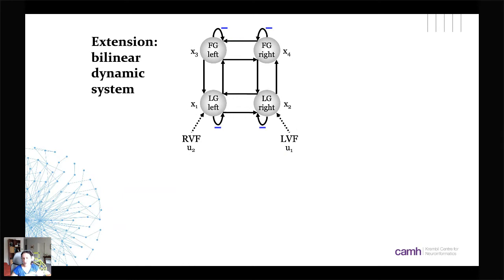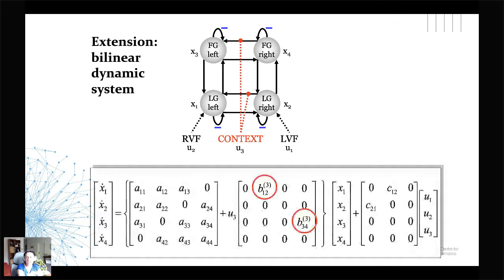So again, we are interested in the effects of some manipulation, which we call here context, very broadly, U3, which could be a cognitive task, cognitive load, the effect of a drug, the effect of TMS, etc. We can do this by mathematically augmenting the previous equation by a perturbation, a contextual modulatory term, B here, which is highlighted in this matrix.